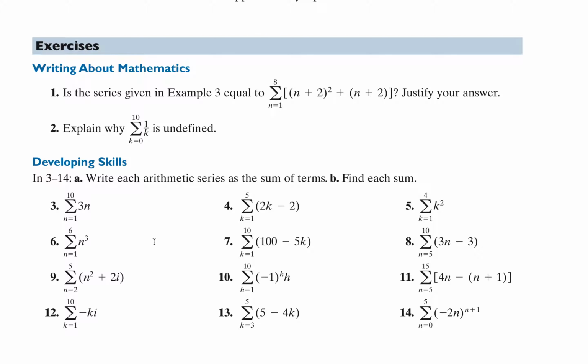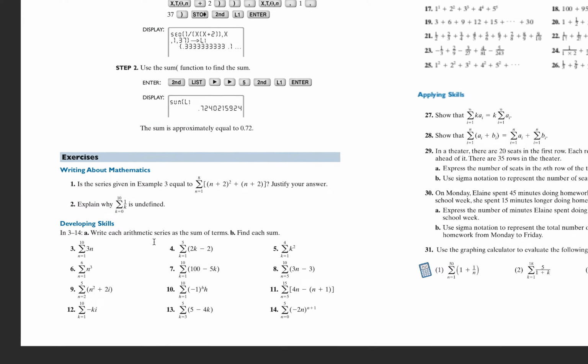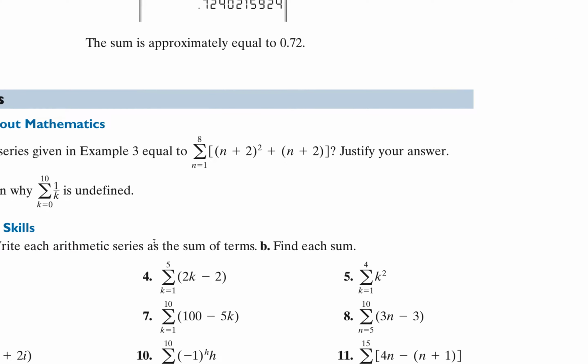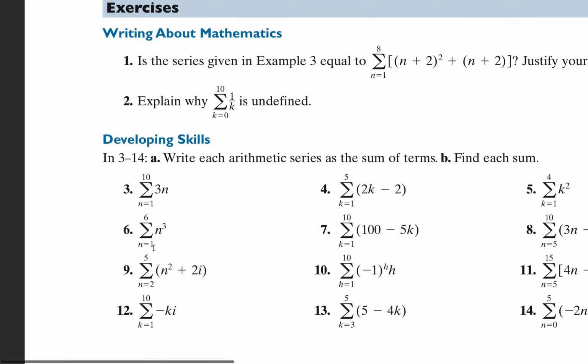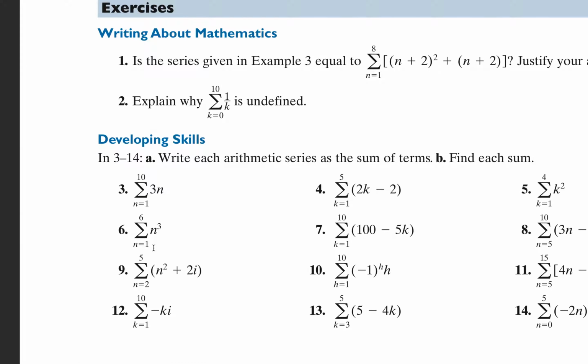It's on page 260, by book, not by file. We have the series from k equals 1 to 5, and the function is 2k minus 2.